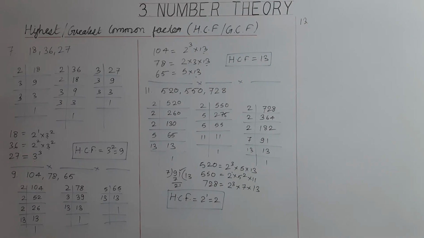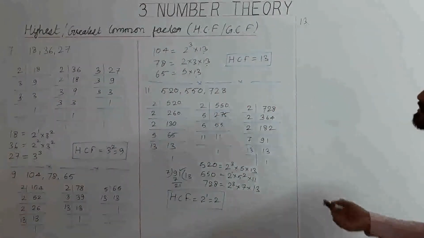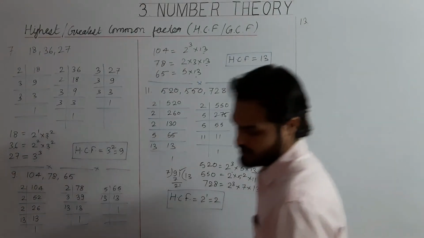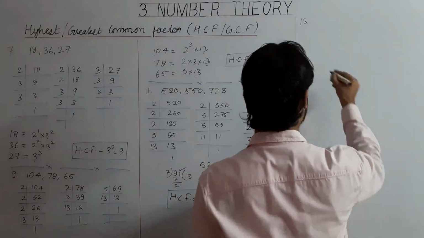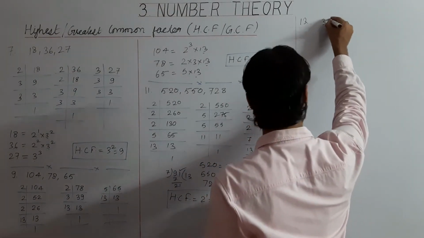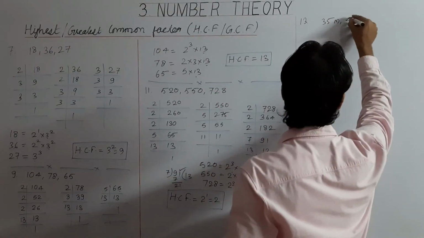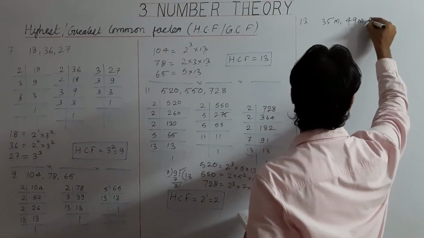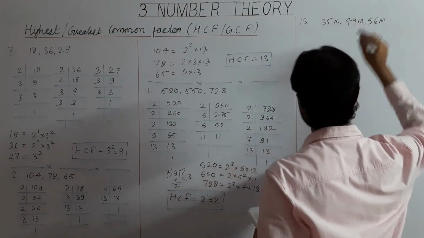In this case, the maximum possible length of each piece is simply the HCF of those three lengths. The first length is 35 meter, the second is 49 meter, and the third is 56 meter.